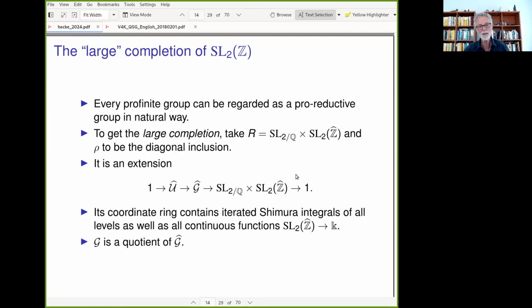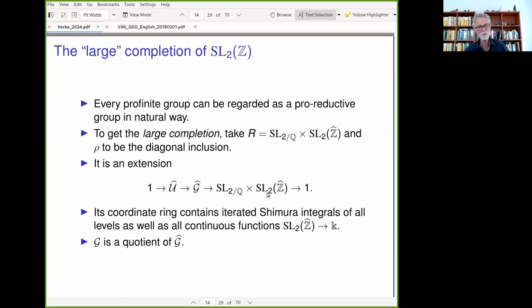And it will also contain all continuous functions from SL2Z hat into K, so for example Q or C. These are just the functions that factor through a finite quotient SL2Z mod n. And I should say here, if you take the homomorphism from this reductive group, you can project onto SL2, and that will give you a homomorphism from the large completion to the small completion.